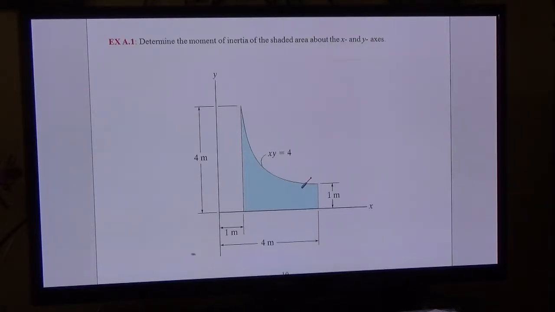So notice that at the right-hand side it's bounded by two different curves. So we're going to have to break this body into two different parts. Then for the lower, it's bounded by the curve y is equal to 0. In the upper, it's bounded by the curve xy is equal to 4. So we can just solve one integral there.